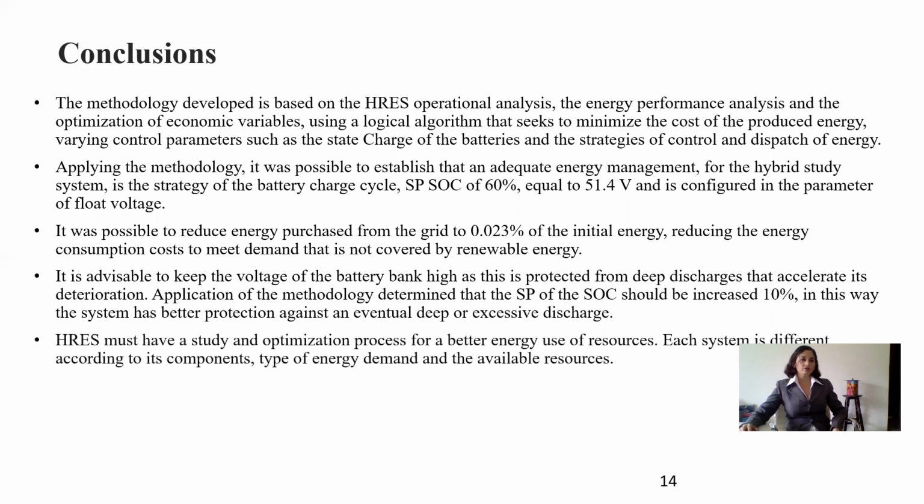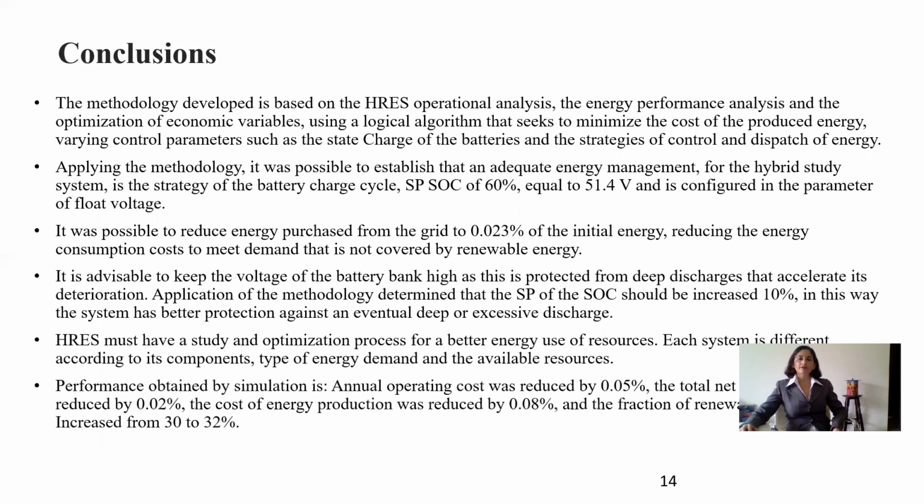Performance obtained by simulation: annual operating cost was reduced by 0.05%, the total net present cost was reduced by 0.02%, the cost of energy production was reduced by 0.08%, and the fraction of renewable energy increased from 30 to 32%.